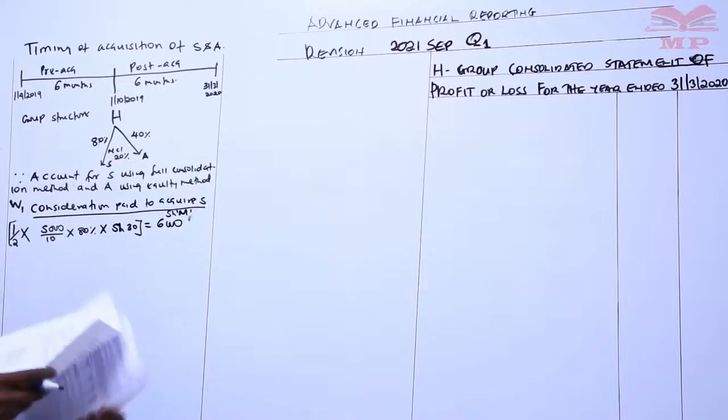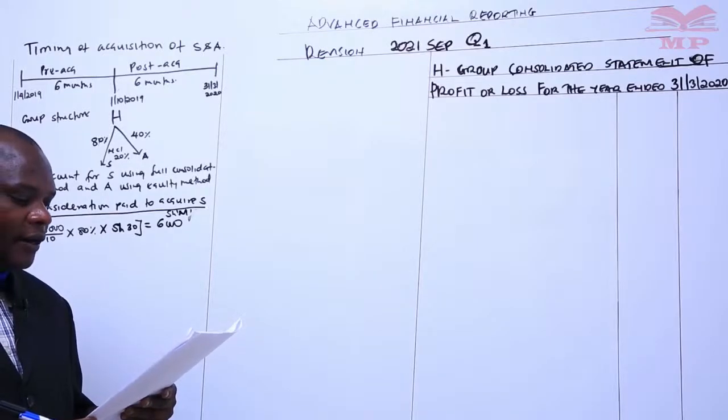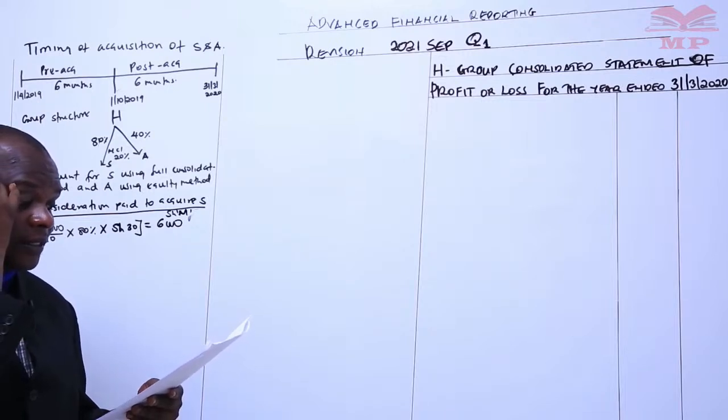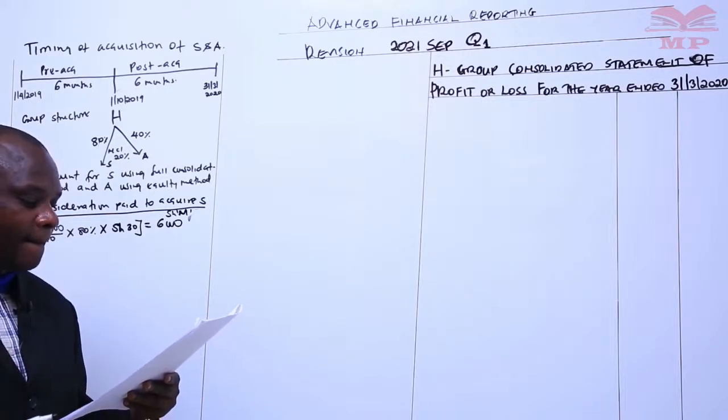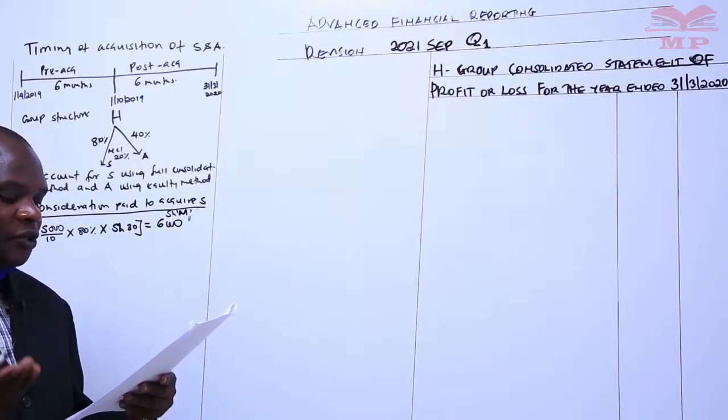Proceeding further, you're told that in addition, H agreed to pay a further amount of 25 shillings per acquired share in S on 1st October 2021. We are acquiring in 2019, and this consideration being paid by cash in 2021.